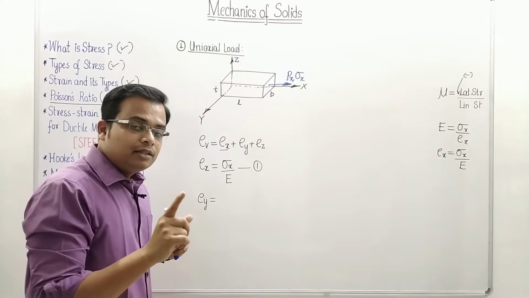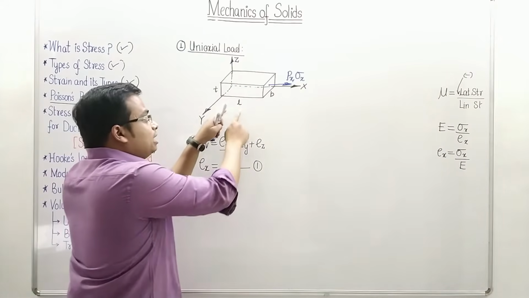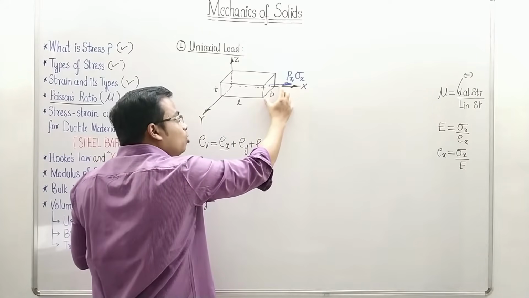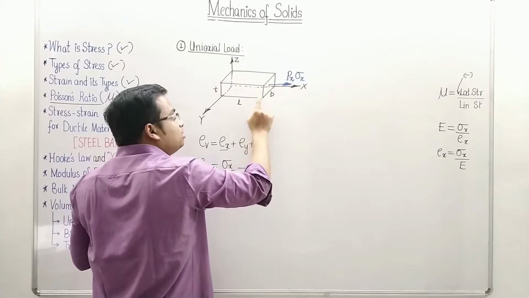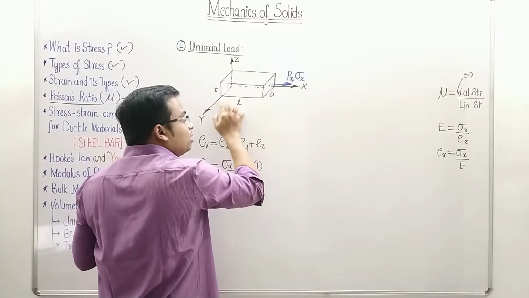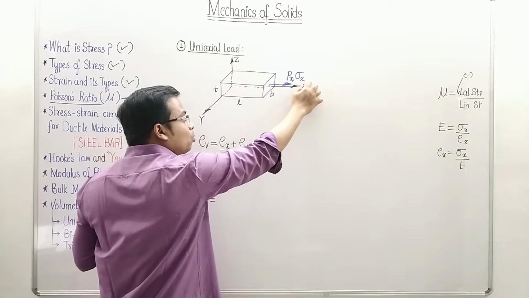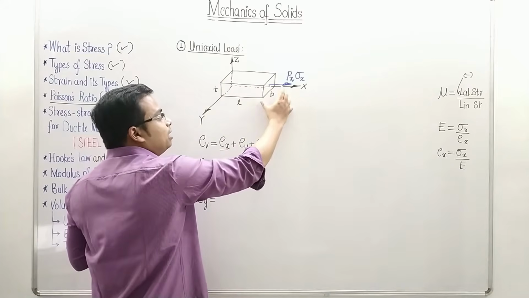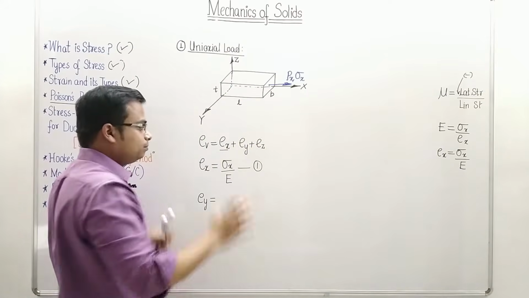This is lateral strain. If there is a load applied along the x axis, there is linear strain along the x axis, but due to that load there is lateral strain along the z direction and along the y direction.